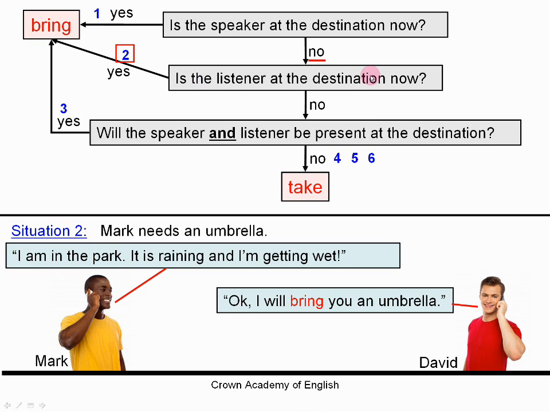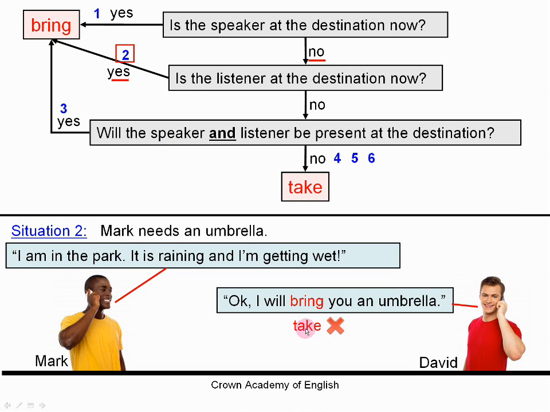Is the listener at the destination now? The listener is Mark, and yes, he is at the park. So here we answer yes. And that is why we use the word bring. That is the second rule, the second situation.